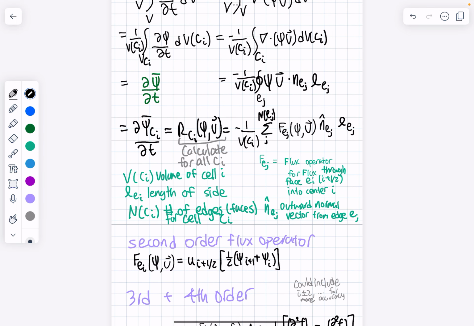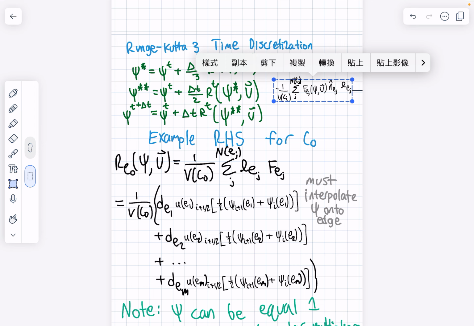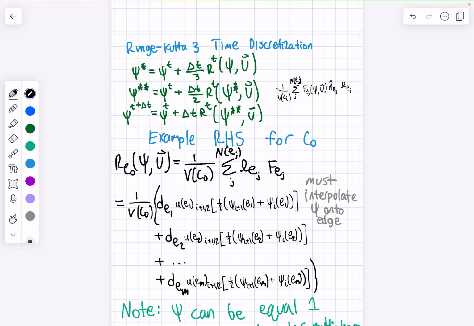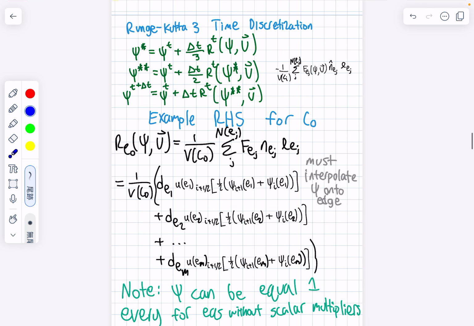I think this is just an example. Okay, this is NEJ, LEJ. For example, we're going to solve our equation, do a time integration, do a spatial integration at the 0th, i equals 0 cell.